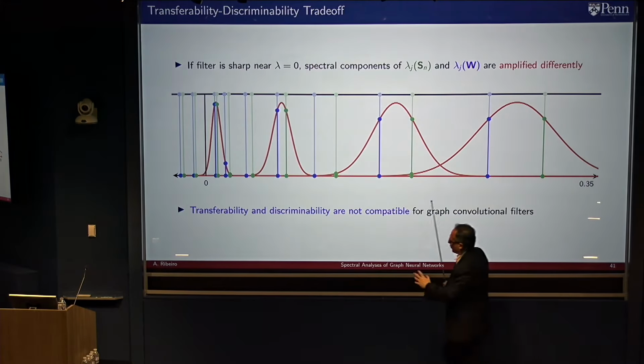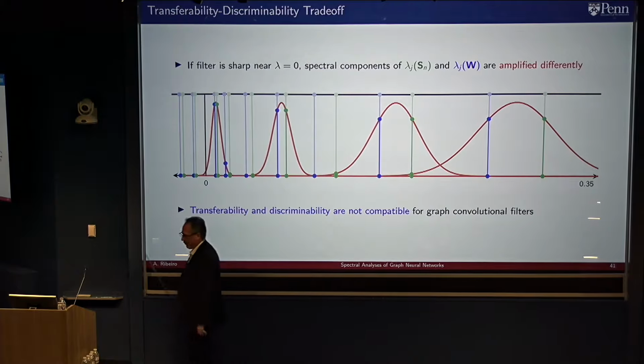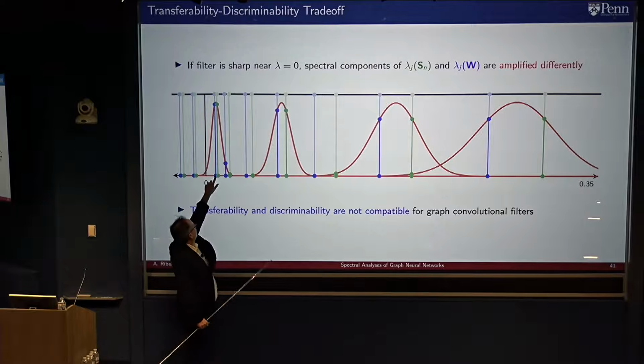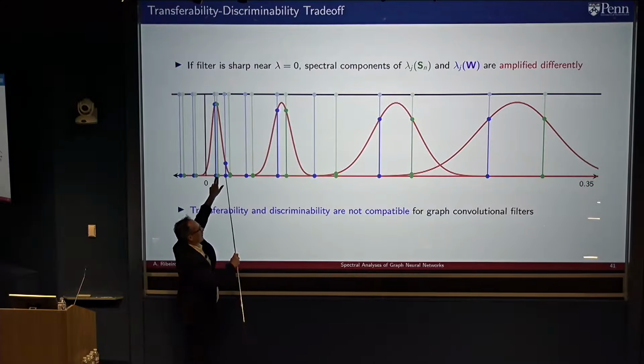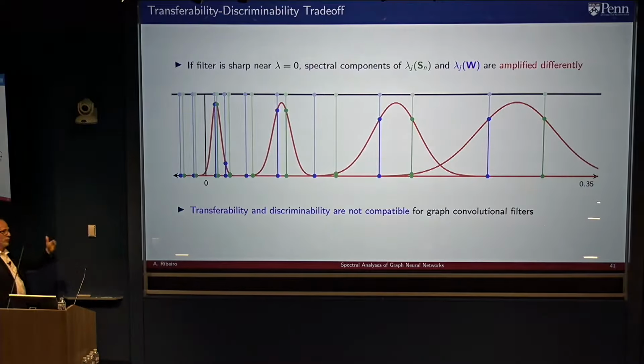But then as you approach 0, if you want to discriminate two different eigenvalues, like I want to discriminate this eigenvalue from this eigenvalue, well, I need a very sharp filter, but this very sharp filter is very sensitive to the number of nodes that I need to approach convergence, okay?